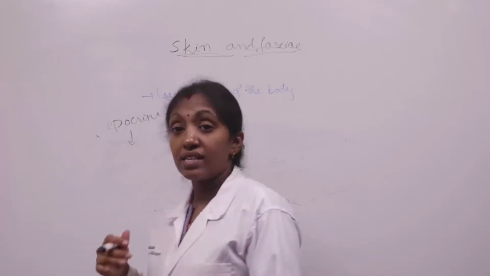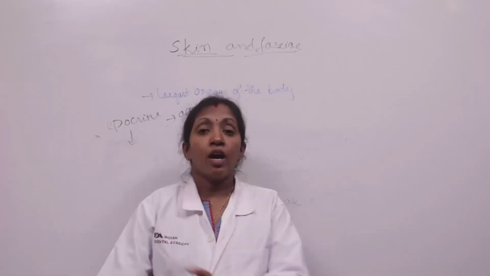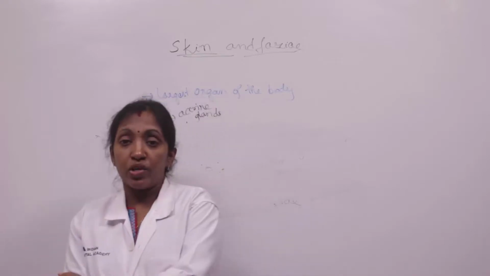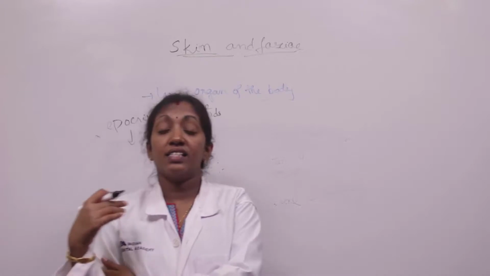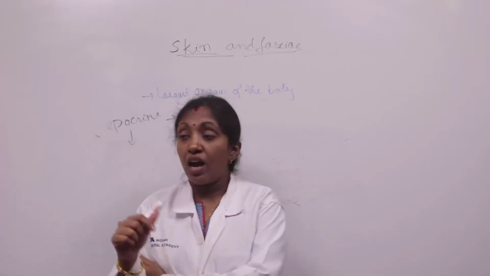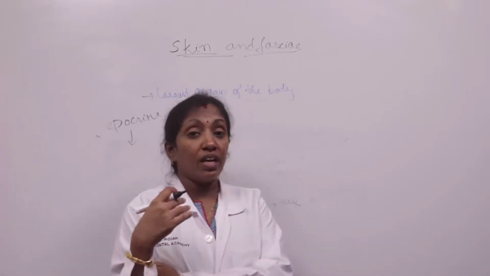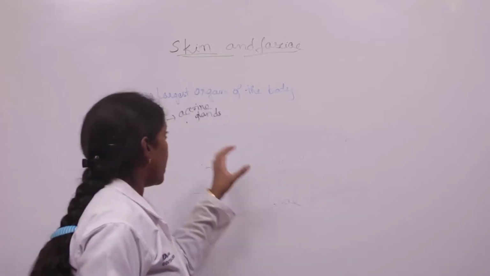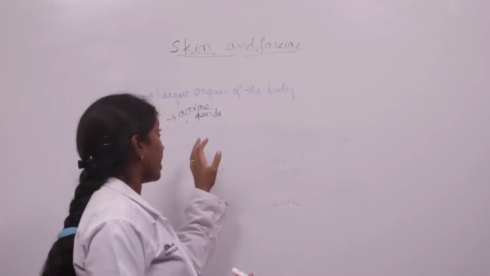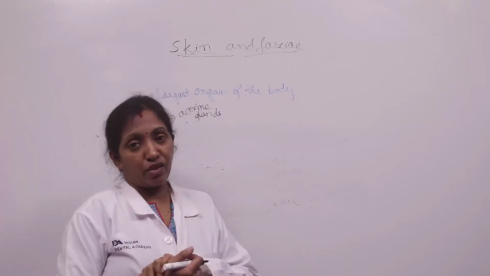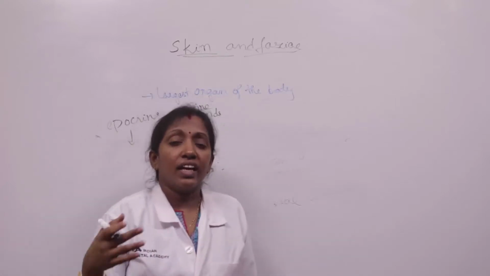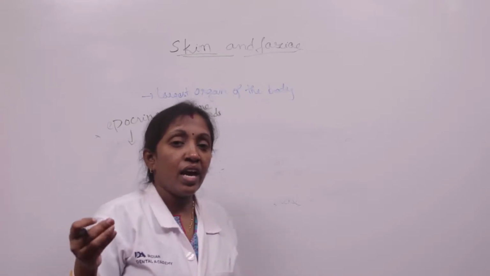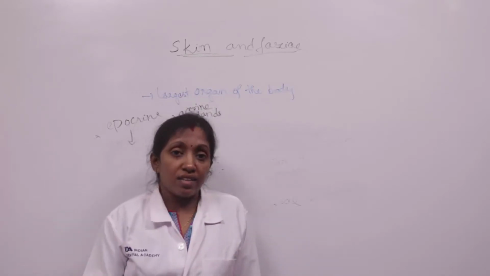And the eccrine glands are seen in specified areas like the axilla, the perineal region, around the nipple area, the scrotal region and the groin region. These glands secrete a sweat which has a characteristic odor.